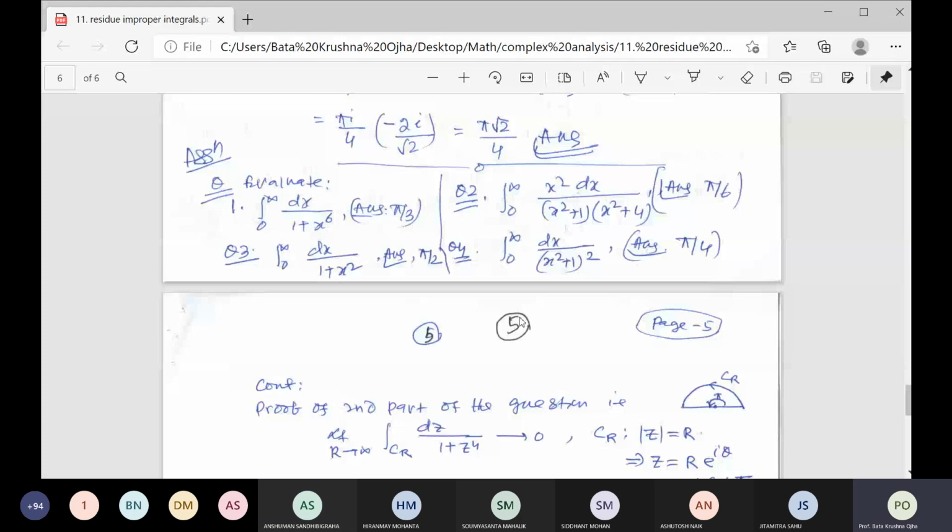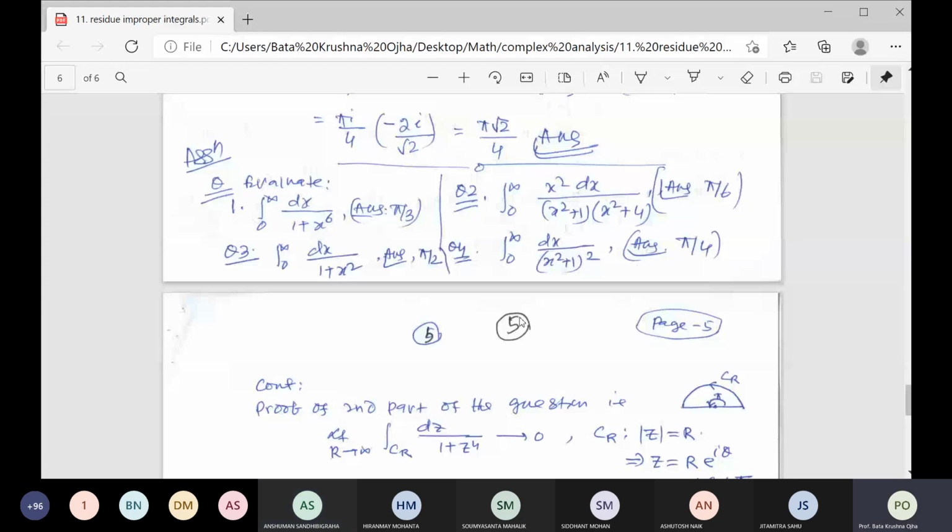That is 1 by 2 of the integral from minus infinity to infinity dx by x square plus 1 whole square. So actually the residue is 1 by 4i, multiplied into 2 pi i. So that will come pi by 2.